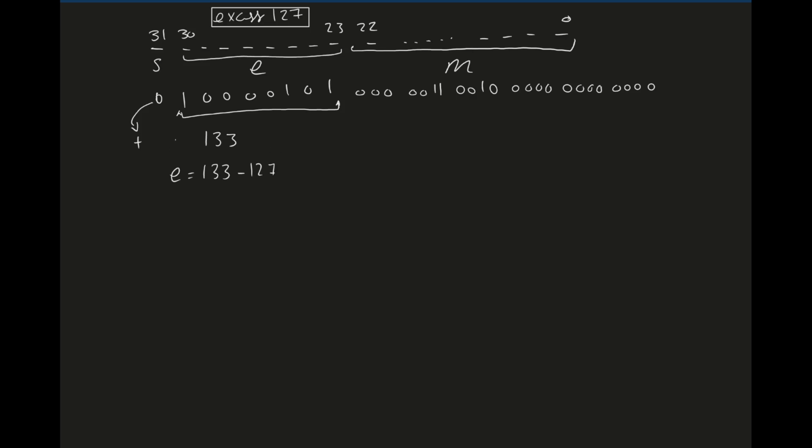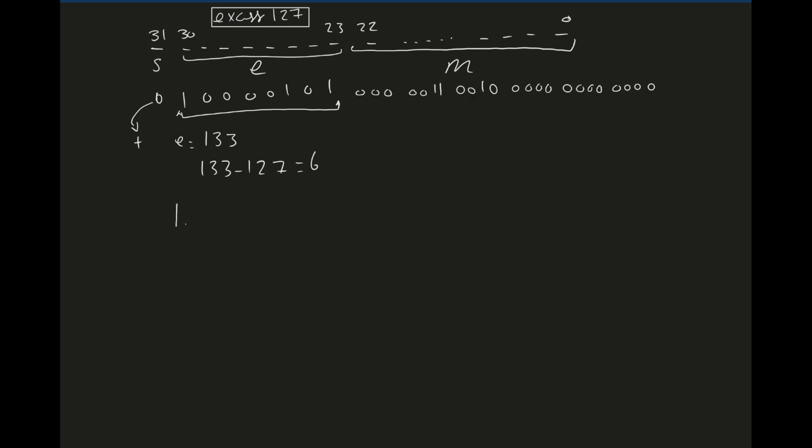Or rather, I should say, E is 133, and then the exponent for the 2 that I'm going to use in a minute is actually 133 minus 127, which is 6. Then I write the hidden one, because that number was normalized before it was stored in memory. So this becomes 1.